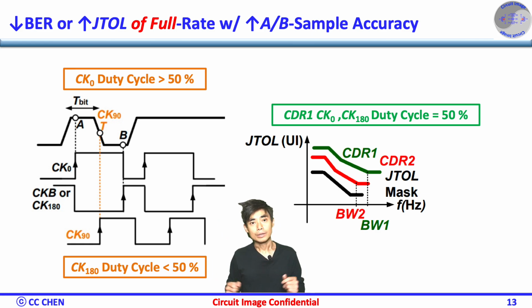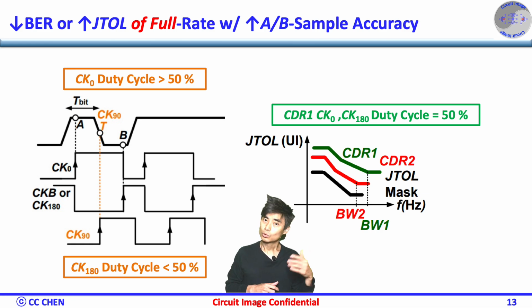But for the half-rate, even though the clock phase of the transition sample at 90 degrees is perfectly aligned at the transition, the 0 degree phase CKI could be steadily advanced, and the 180 degree phase CKI bar could be steadily lagged. In other words, the duty cycle of the half-rate clock could be greater than 50%.